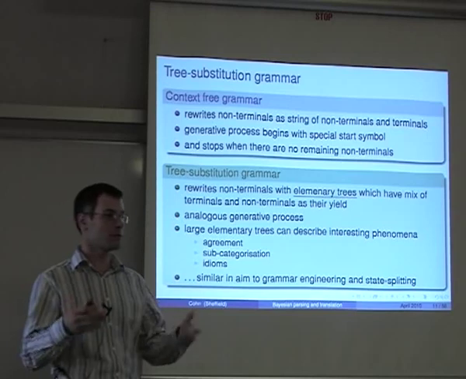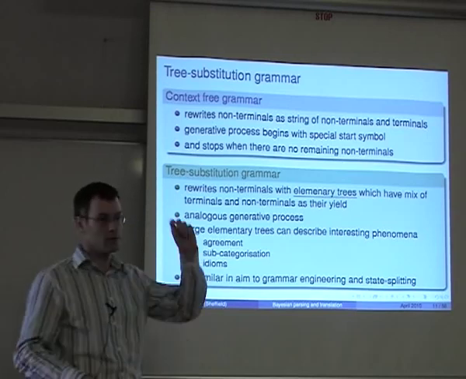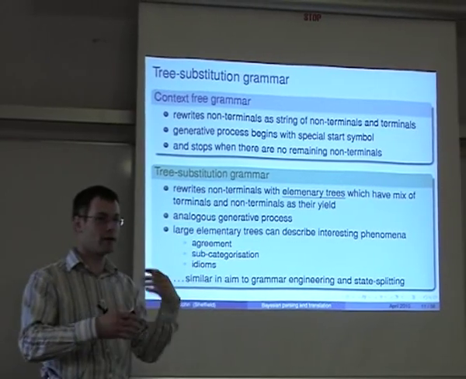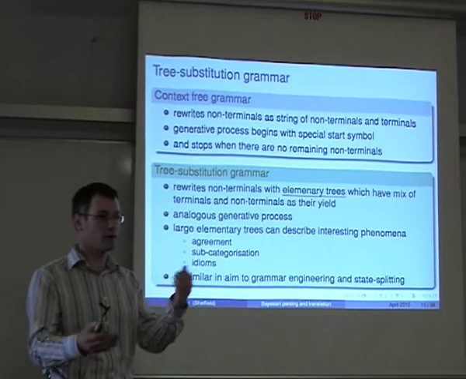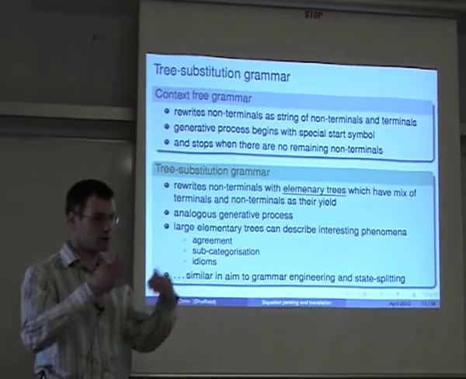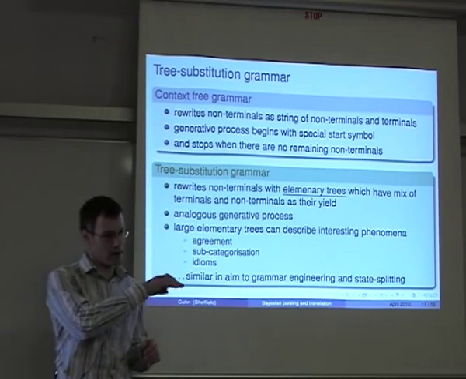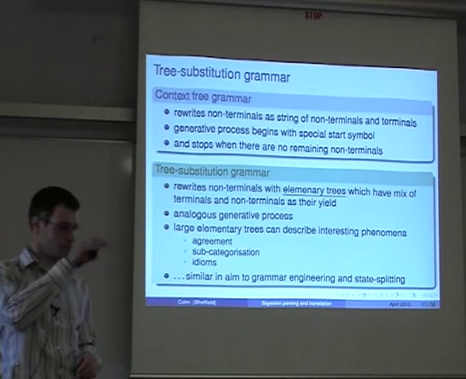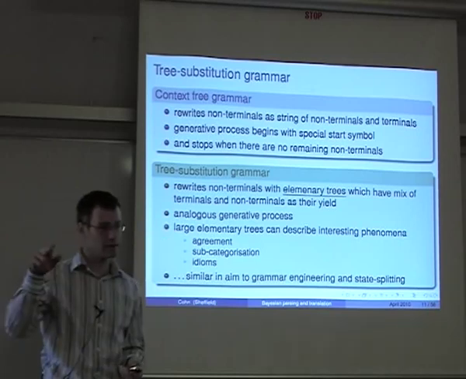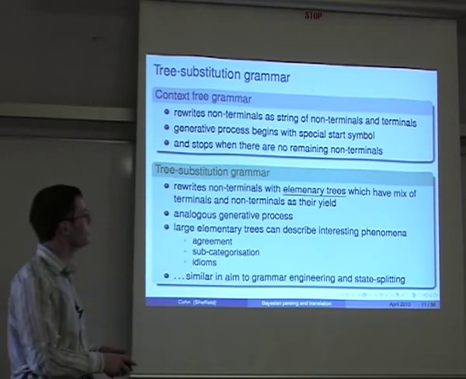And our generative process, we can describe it in a probabilistic way. We start with the start symbol. We rewrite it as some number of symbols. We rewrite all the non-terminals in that string with more symbols. And we keep going until we only have terminals left. And our sentence is then created by reading off the leaves, which are all the terminals in order.